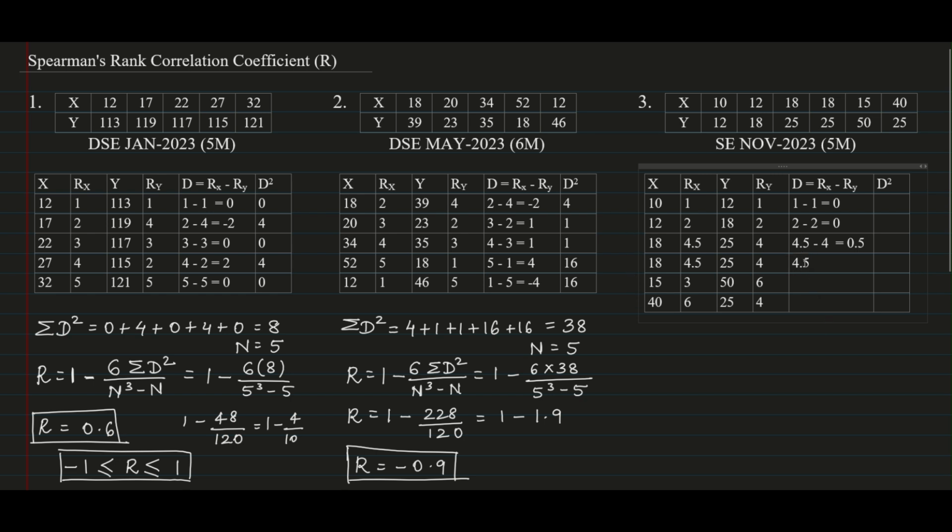Again, 4.5 minus 4, 0.5. 3 minus 6 is minus 3. 6 minus 4 is 2. 0 square is 0. 0 square is 0. 0.5 square is 0.25. Again, 0.5 square is 0.25. Minus 3 square is 9. And 2 square is 4. The sum is 13 plus 0.25 plus 0.25, 13.5.